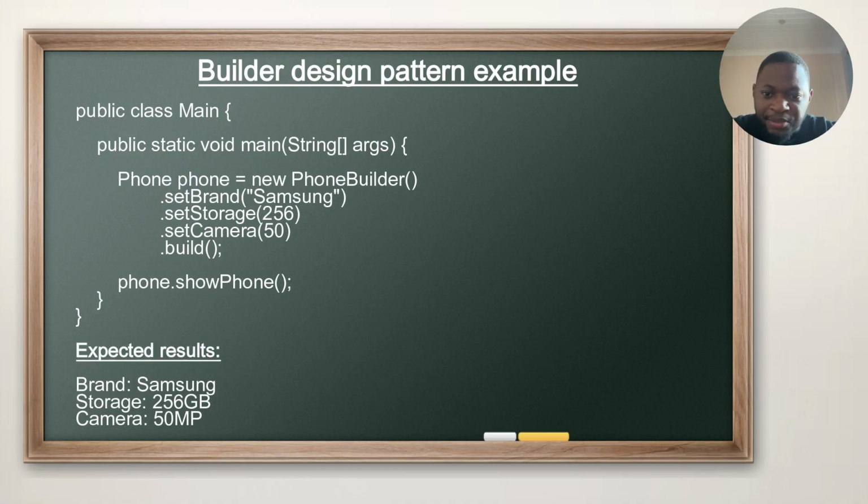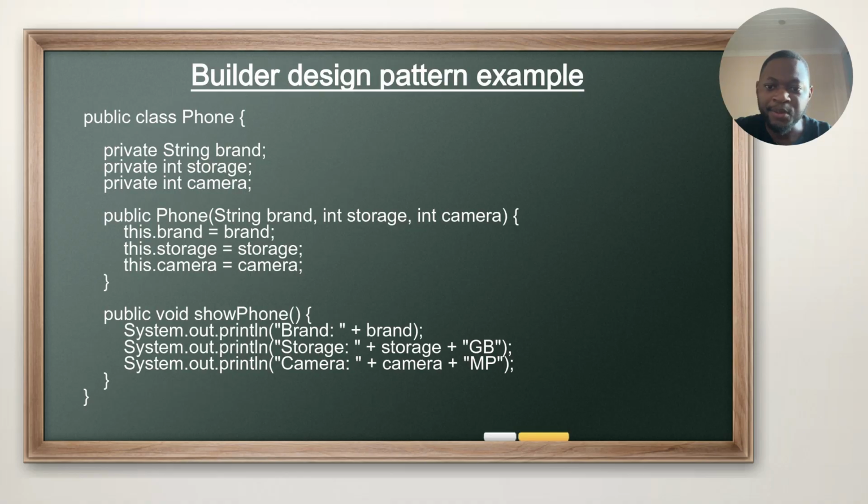Right below we have the phone.show. We're trying to invoke the show phone method, which should print out the brand that we've passed in, the storage value that we've passed in, and the camera megapixels value that we've passed in. So this is our builder design pattern. Let me go back to show you guys what the show phone method has.